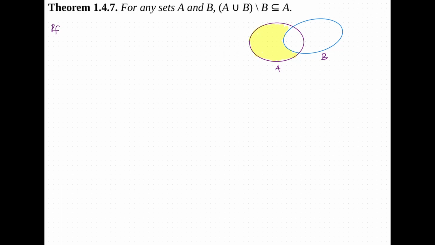And so, proof. We're going to let x be in (A union B) minus B. Now we apply the definitions. This, by definition, is equivalent to x is in A union B and x is not in B. And so now the A union B breaks down even further, as we saw just now.